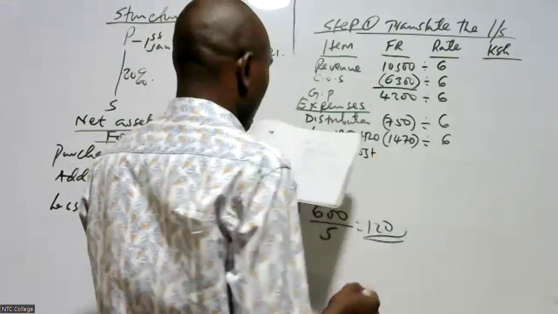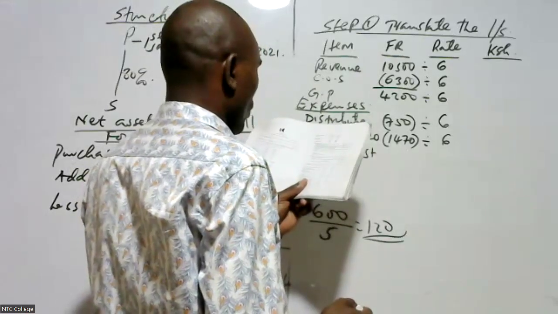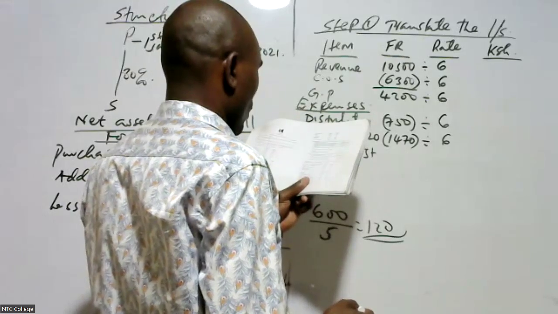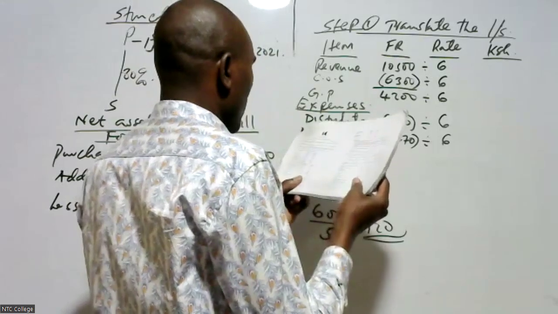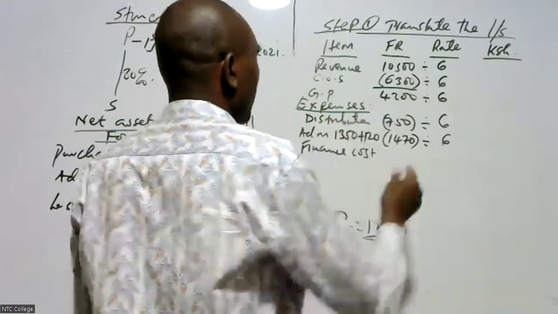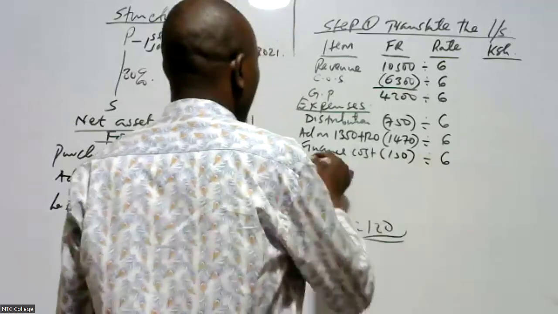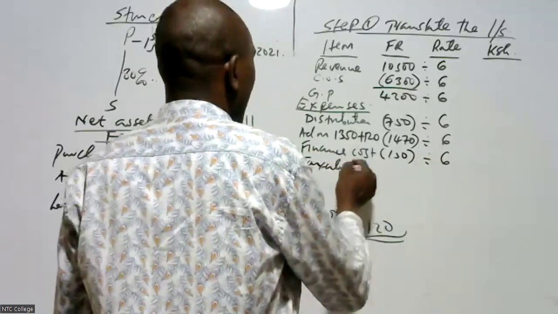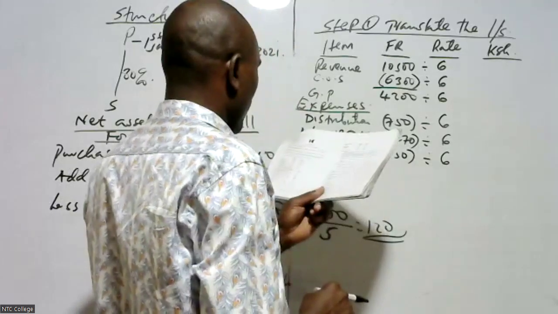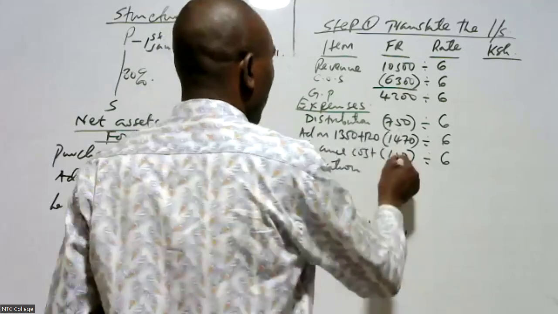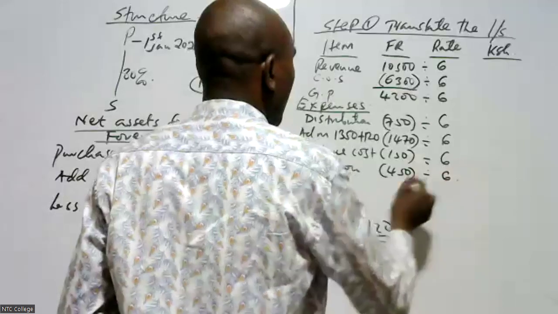Then we come to less finance cost. Finance cost is 150. You divide by 6. Then we less taxation. Taxation is 450. You divide by 6.